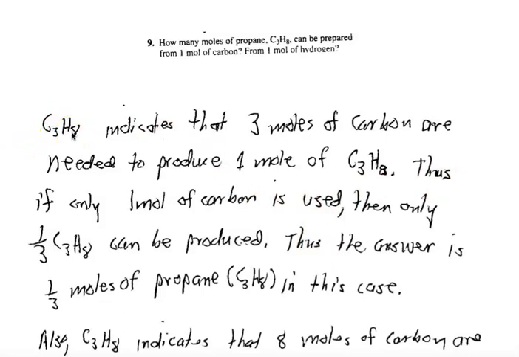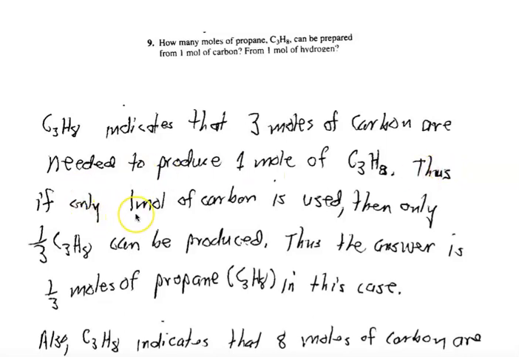The only way you can ever get that is somehow you must have had 3 moles of carbon in the beginning on the reaction side. So 1 mole of carbon will yield 1 mole of, put a 1 in front of this C3H8, will yield 1 mole of C3H8.